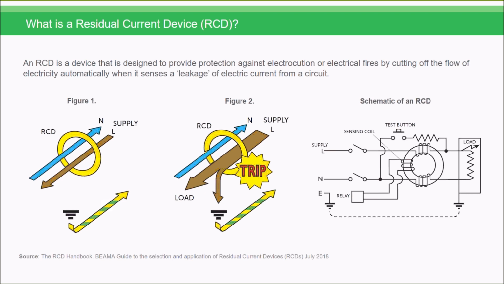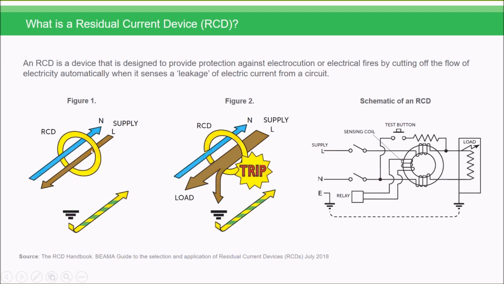So a quick summary on what is a residual current device, or what we class as an RCD. It's a device that's designed to provide protection against electrocution or electrical fires by cutting the flow of electricity automatically when it senses a leakage of electrical current from a circuit.